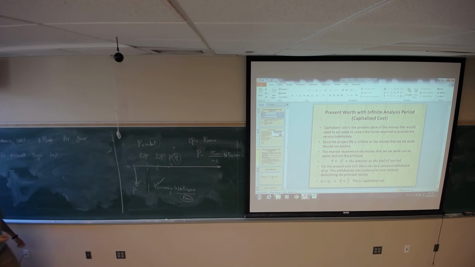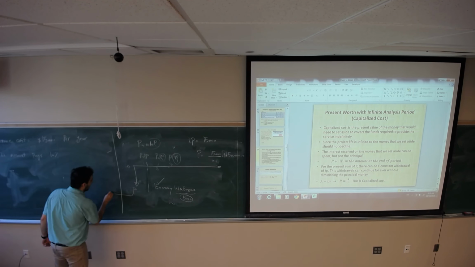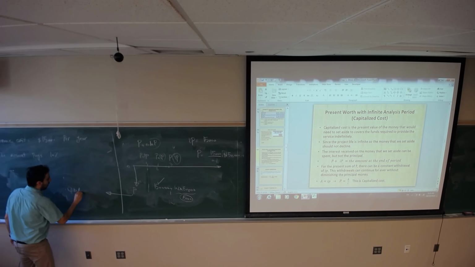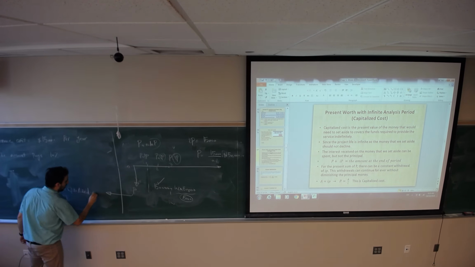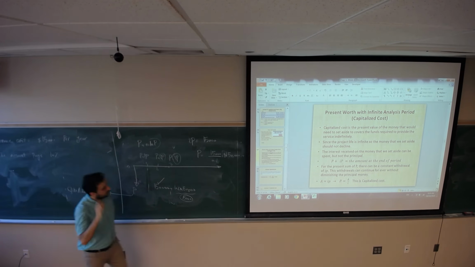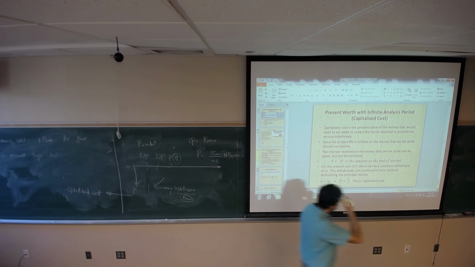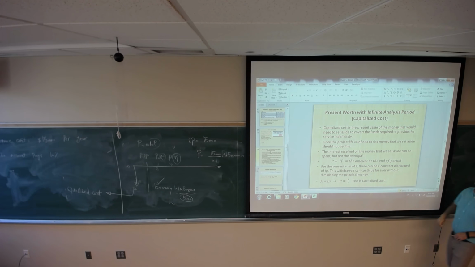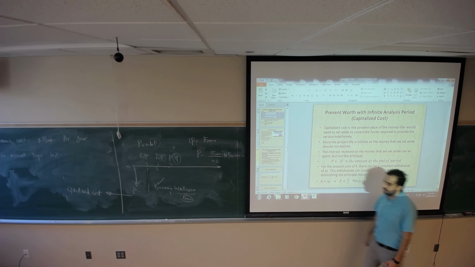We call this P the capitalized cost. We are going to use this capitalized cost to do present worth analysis for problems with an infinite analysis period, when project life is infinite.